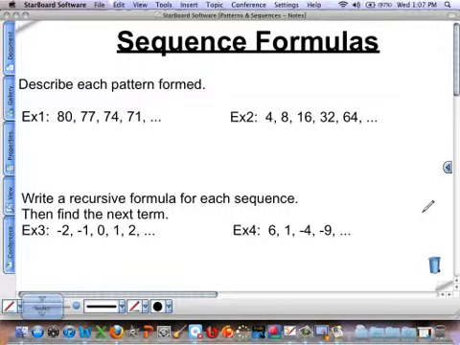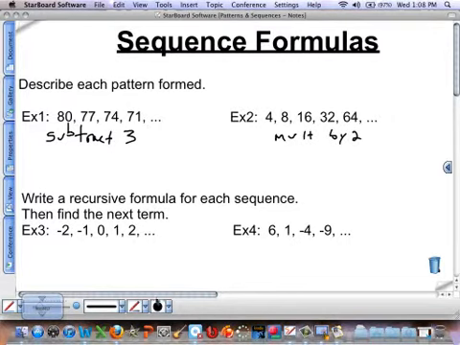They're subtracting 3. There we go. We're subtracting 3. Number 2: 4, 8, 16, 32, 64. What's going on there, Sam? Multiply by 2.